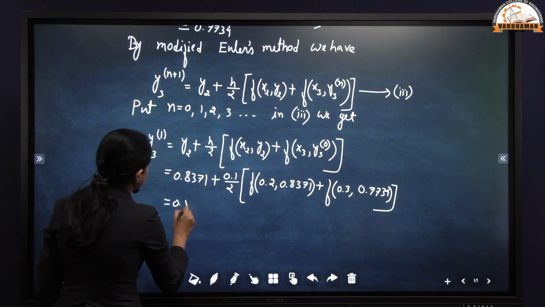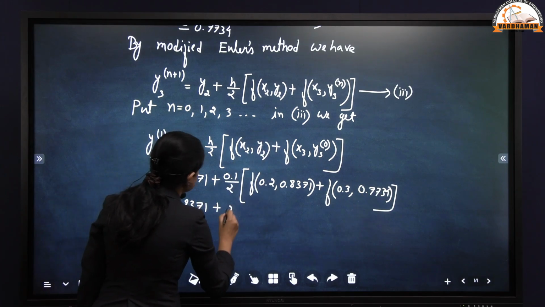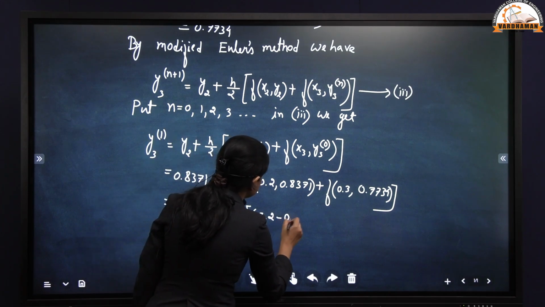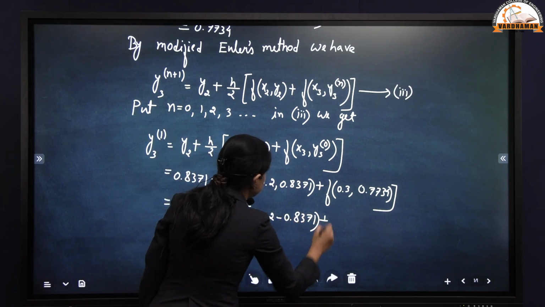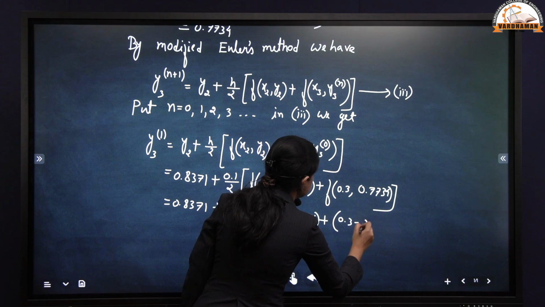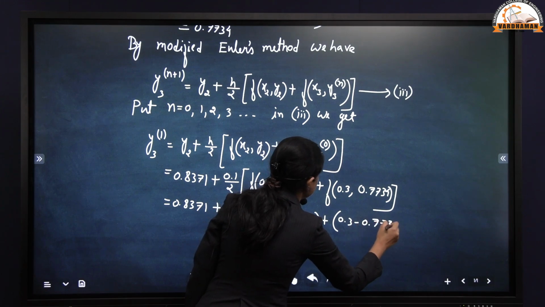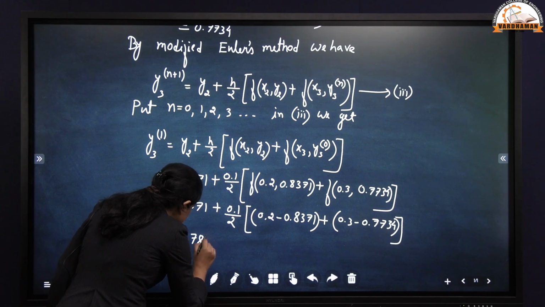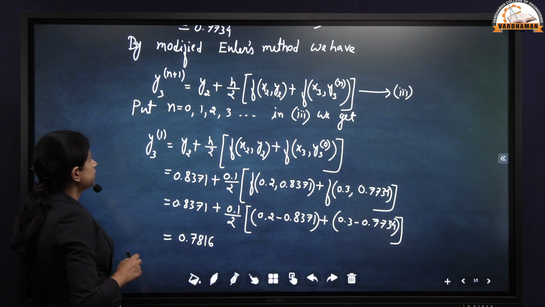We have 0.8371 plus 0.1 by 2, and this is 0.2 minus 0.8371 plus 0.3 minus 0.7734. If we calculate this, we will get 0.7816. Next, we will find y3².